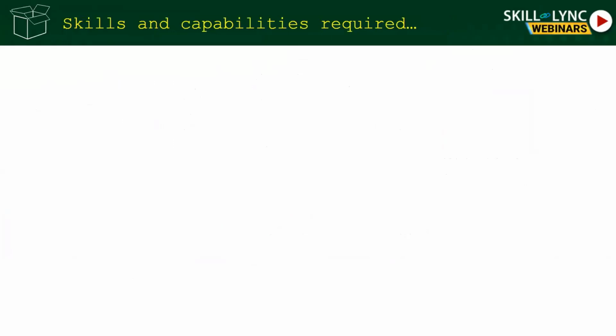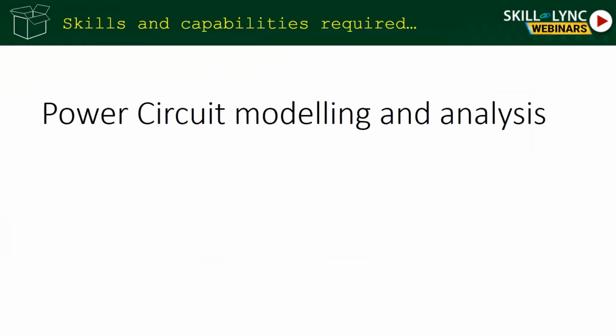So whatever we have discussed till now, you can see the kinds of skills and capabilities required for a power electronics engineer. A power electronics engineer should be able to model the power circuit and analyze it the way we did it for the inverter and the buck converter.